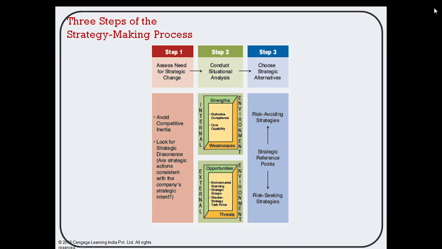Your action is in alignment with your strategy, and that's what you mean by assess need for strategic change, right? Of course, Nestle had to undergo a huge transformation, image wise, product wise, campaigning wise, and hence it had to change its strategy, right?